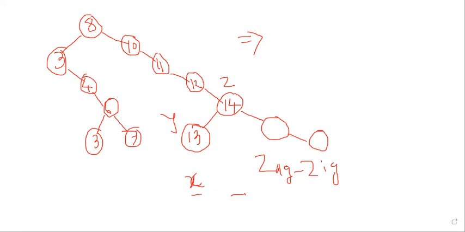By doing this, we get 14 at the top, and node 15 is the Z actually. Z is replaced by X. Where is X now? X is here. So this is the zag rotation.